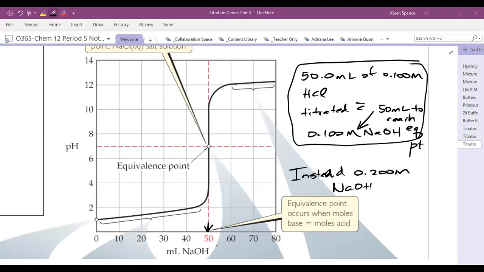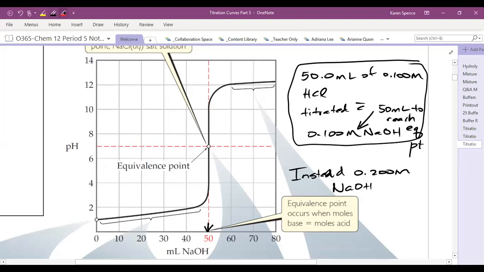What have I done to the molarity of the NaOH? I started with 0.1 molar, and now it's 0.2 molar. If I double the concentration, it's going to take half the volume.